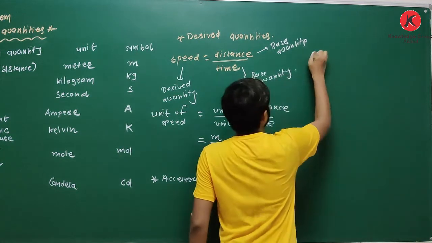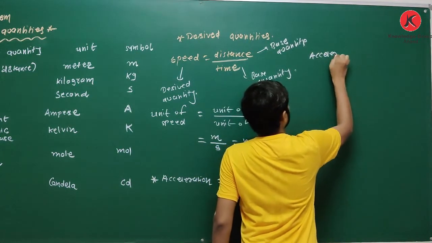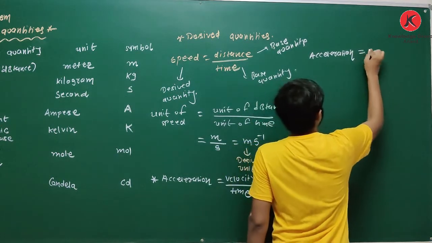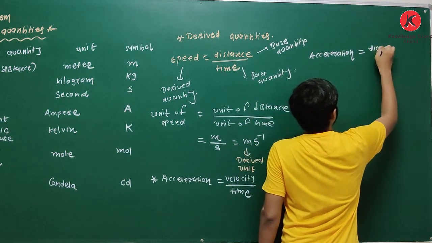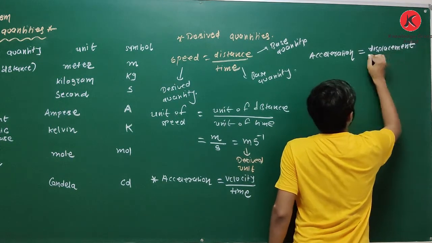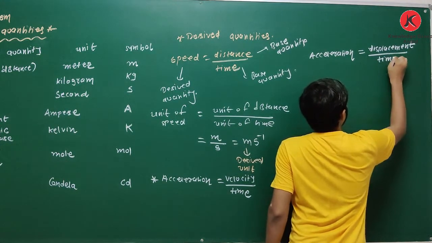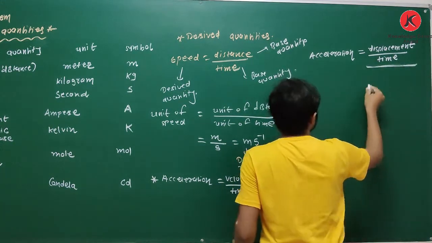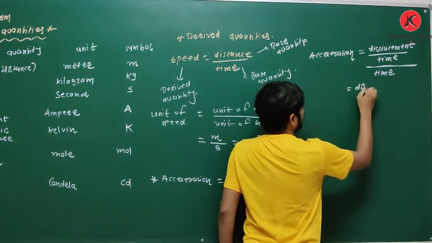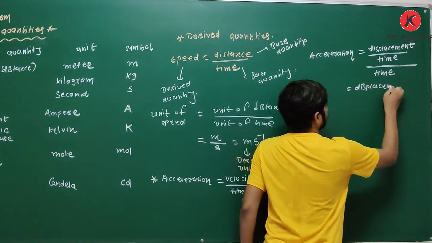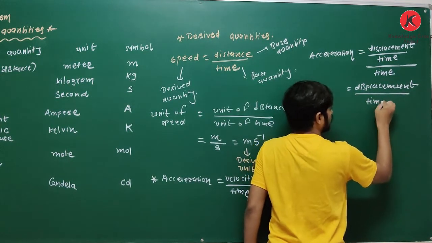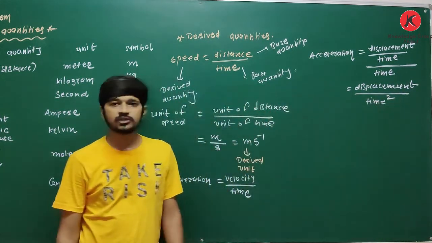So I can write acceleration is equal to displacement upon time, divided by time. So acceleration is equal to displacement upon time square. Clear about this?